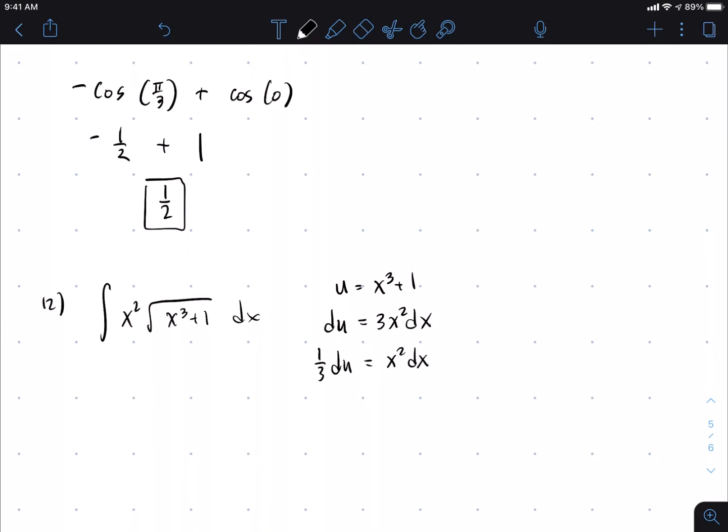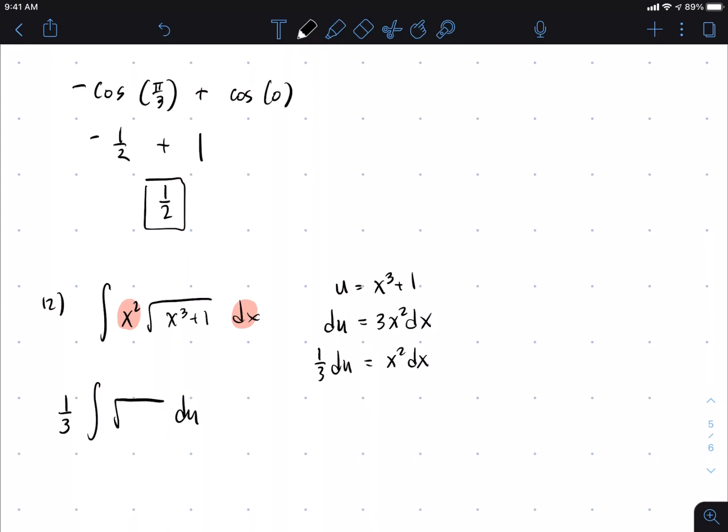So what I'm telling you is that 1/3 du is the same as x squared dx. So I'm going to go 1/3 du. That takes care of this and this, correct? The square root is still there.